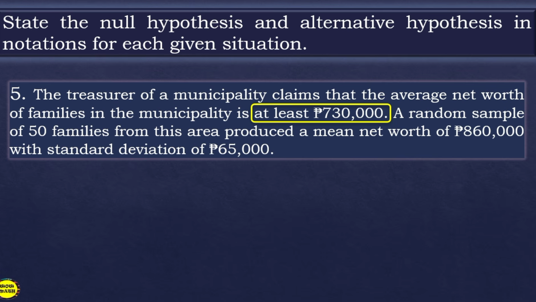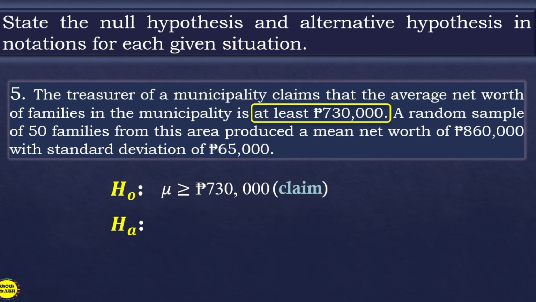Sa null hypothesis. So ang gagamitin nating symbol kapag at least ay greater than or equal. So kung greater than or equal yung nasa null hypothesis, yung alternative hypothesis natin ay less than.